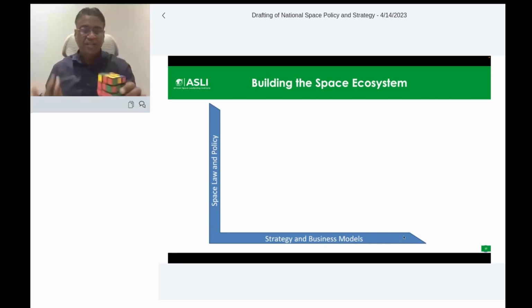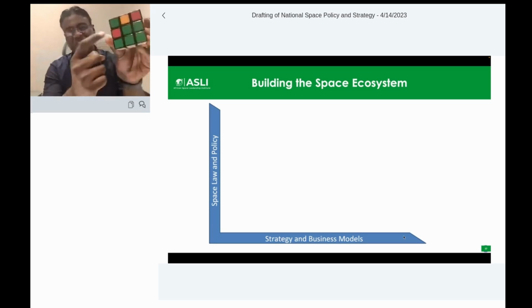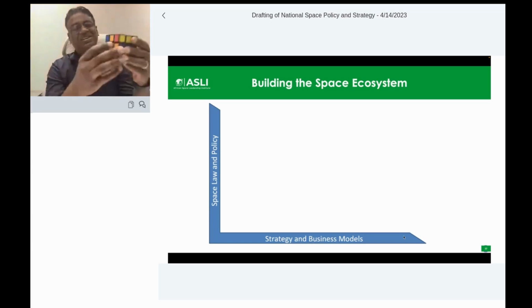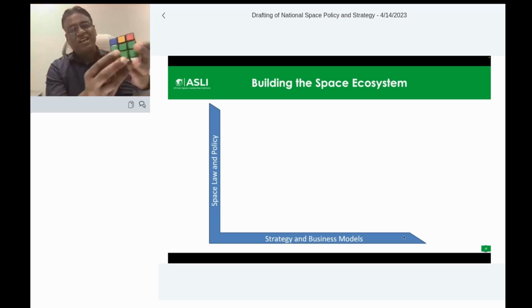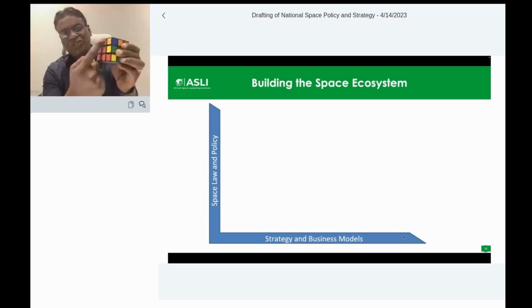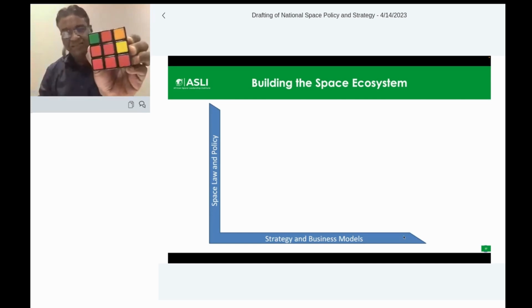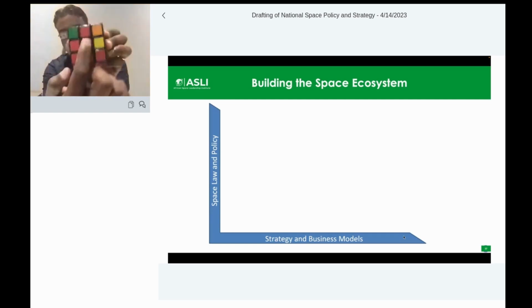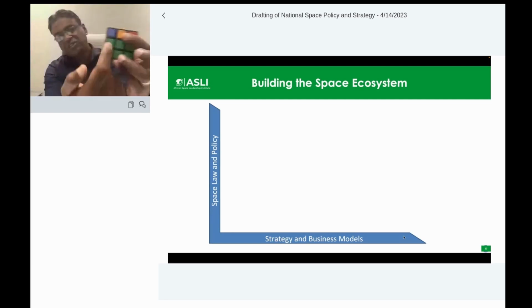Okay. The next step is actually to build, sorry, I think I might have run too fast for you. The next step is actually to do this, the next layer. I think I solved the next layer while I was doing the first one. When you want to build a second layer, okay, you have to align this red piece, and you'll see there's a green, but notice there's a green on this side.